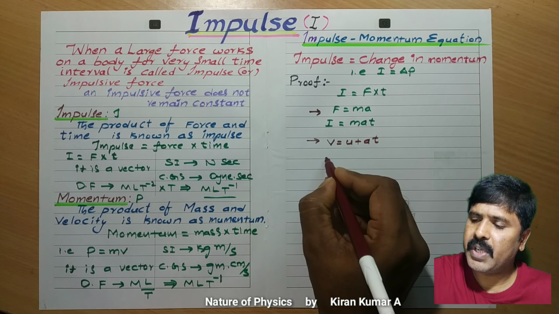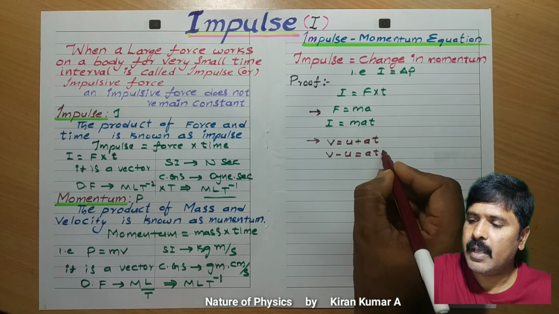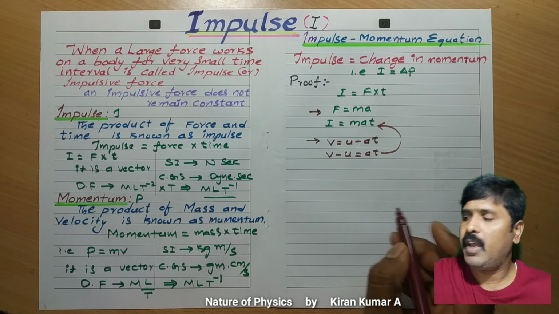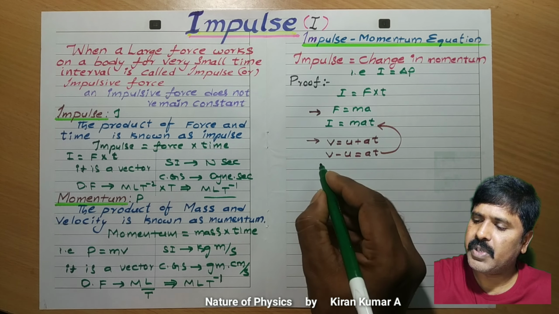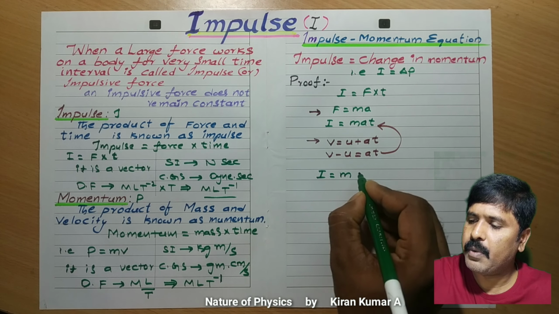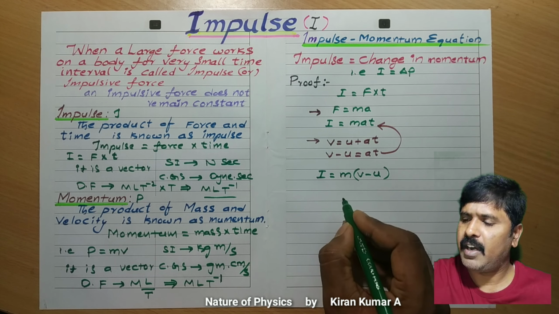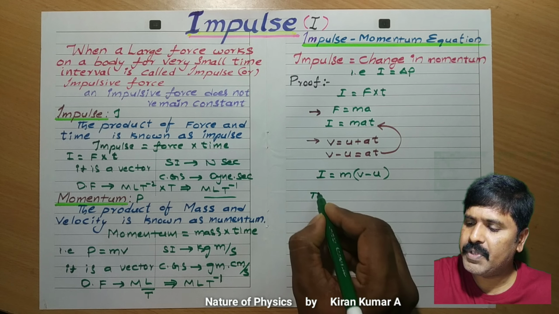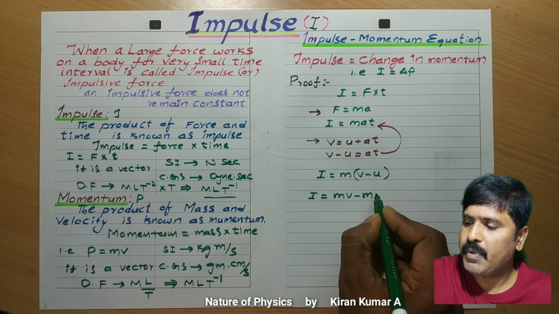From this equation, v minus u is equal to at, student, which is replaced in the above equation. Okay, student. So we will get the impulse equation I is equal to m into at, whose value is v minus u, student. And continuation, impulse I is equal to mv minus mu, student.